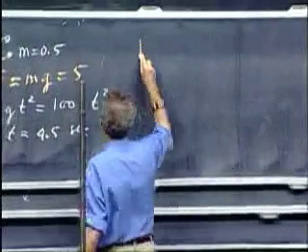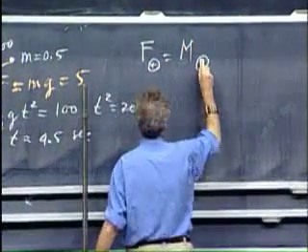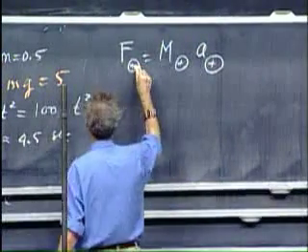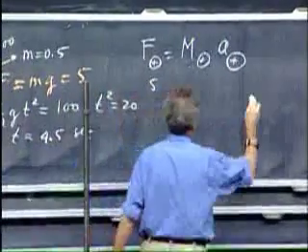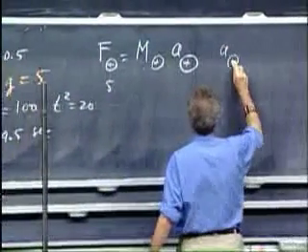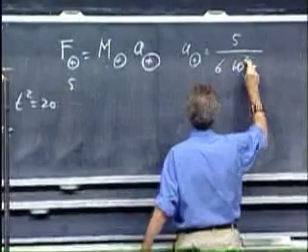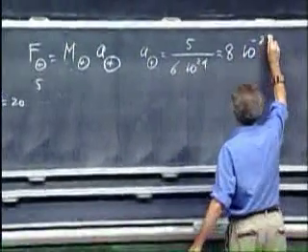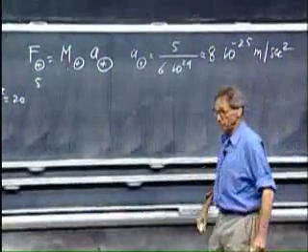F equals ma. So the force on the Earth is the mass of the Earth times the acceleration of the Earth. The force we know is 5. We know the mass, 6 times 10 to the 24. So the acceleration will be 5 divided by 6 times 10 to the 24, which is about 8 times 10 to the minus 25 meters per second squared.